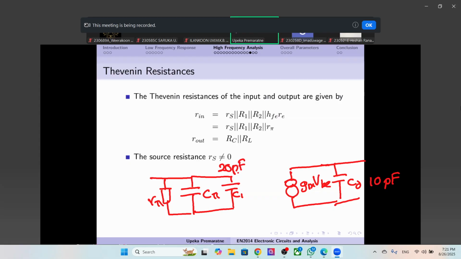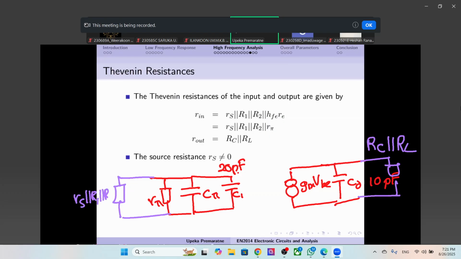So for the output, the resistance of the relaxation circuit will be RC parallel to RL. For the input, we will have a further RS parallel to R1, parallel to R2, and then that will also be parallel to R pi, right?